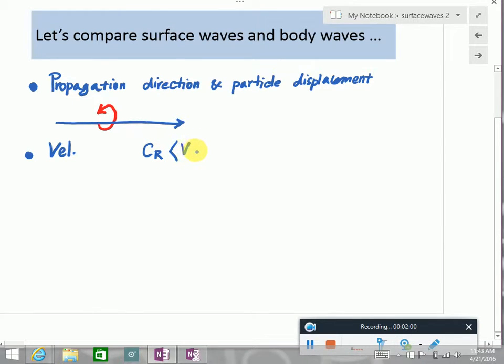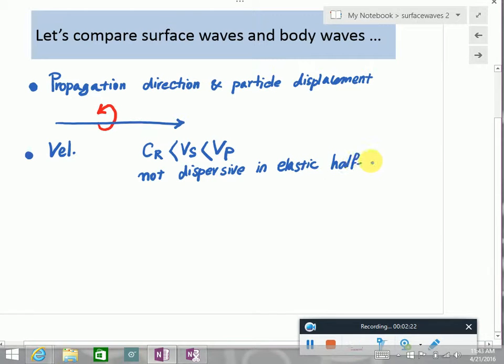Right. So this is something to remember. I guess you don't forget. And then we learned that it is not dispersive in half a space, in elastic half a space.